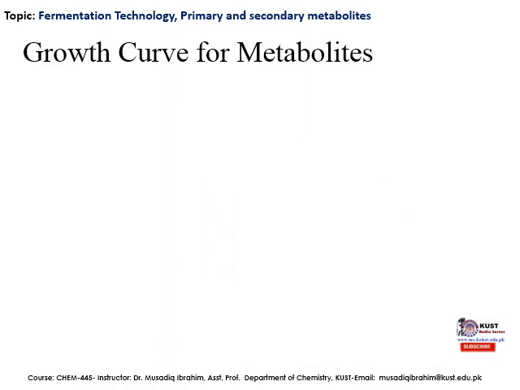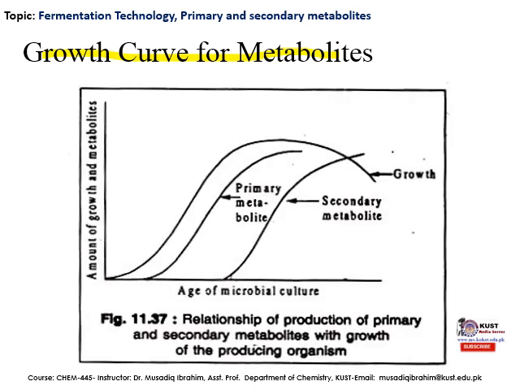Now, as we have discussed the growth curve for the microbes, we are moving towards the growth curve for metabolites, which are also produced during the life cycle of the microbes. This graph shows the relationship of production of primary and secondary metabolites with growth of the producing organism.